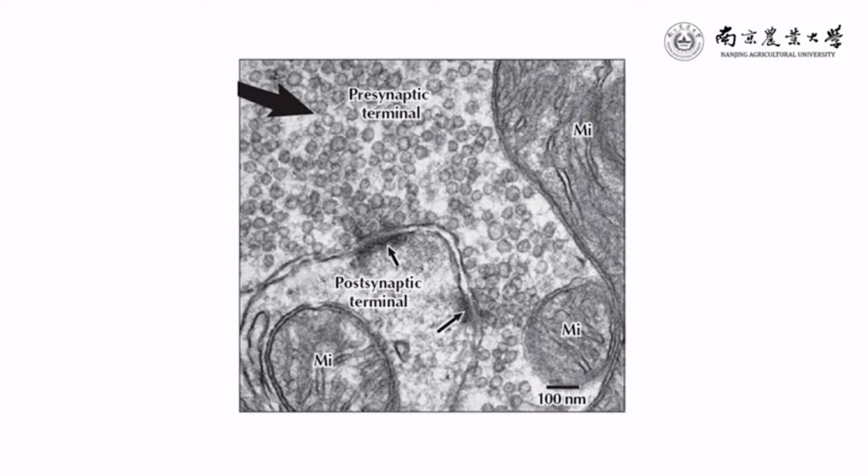The postsynaptic membrane exhibits electron densities at two such zones. A narrow synaptic cleft separates the two cell processes. Mitochondria with well-developed cristae are found in both presynaptic and postsynaptic areas of the synapse and provide ATP to meet high energy demands.